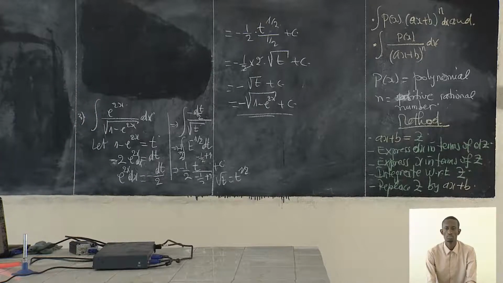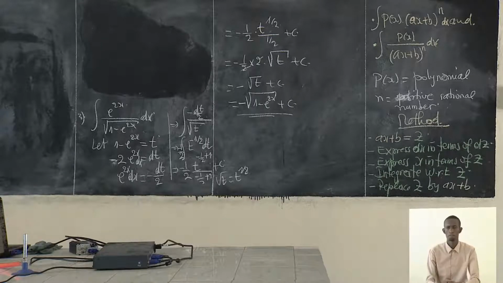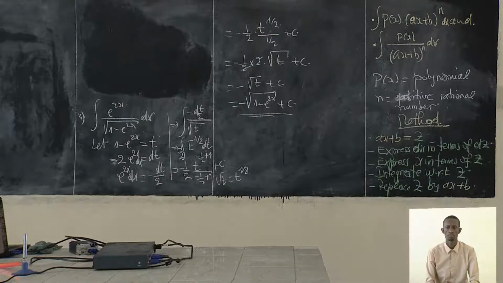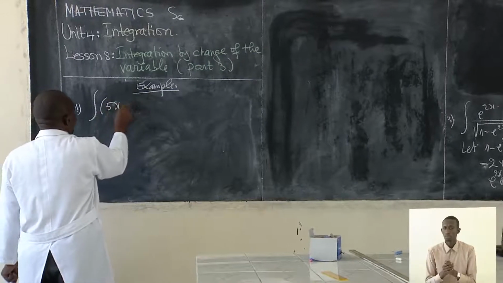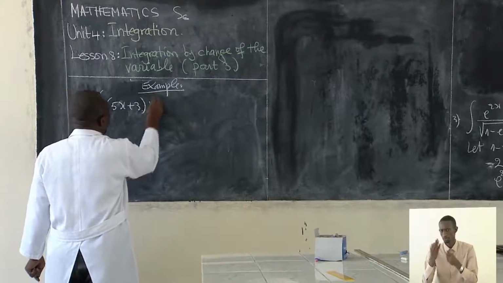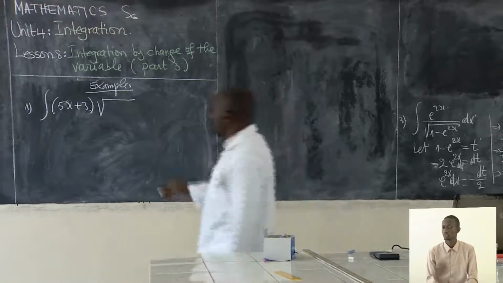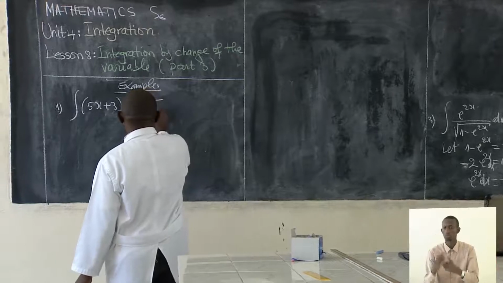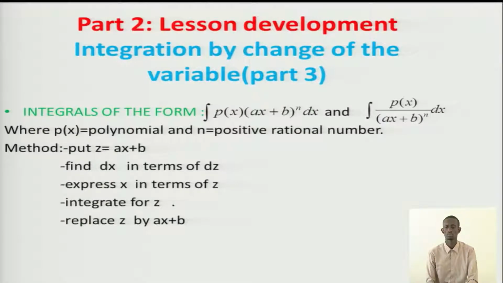Hope you are done, right? So let us have that example. The integral of 5x plus 3 times the square root of 2x minus 1 dx. So you're going to apply the method.